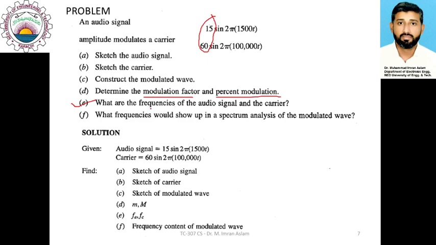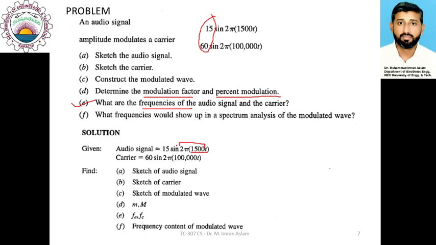The fifth part is to find the frequencies in the audio signal and the carrier wave. We can easily identify those frequencies. The audio signal has a frequency of 1500 Hz. You can see it from here, because this entire expression gives omega, so we have 2 pi into 1500, that means 1500 Hz.